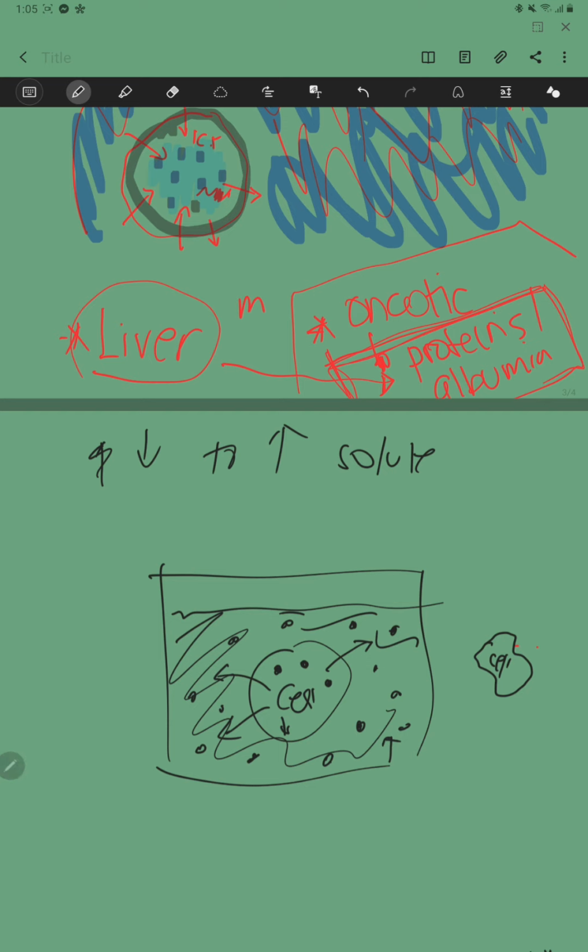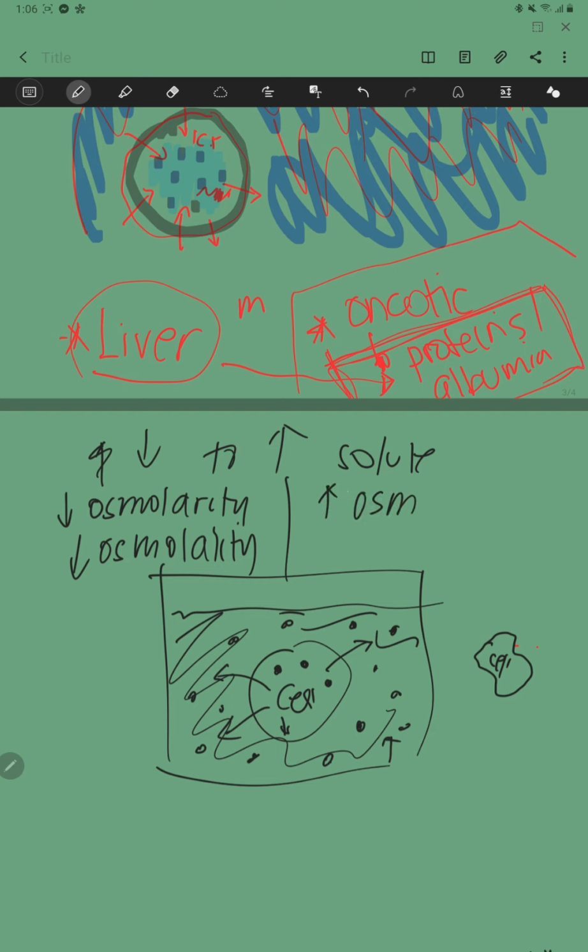Your low solute concentration may also be referred to as low osmolarity or low osmolality. High solute concentration in a solution may also be referred to as high osmolarity or high osmolality. What is the difference? Osmolarity would refer to the amount of particles or solutes for every liter of solution.